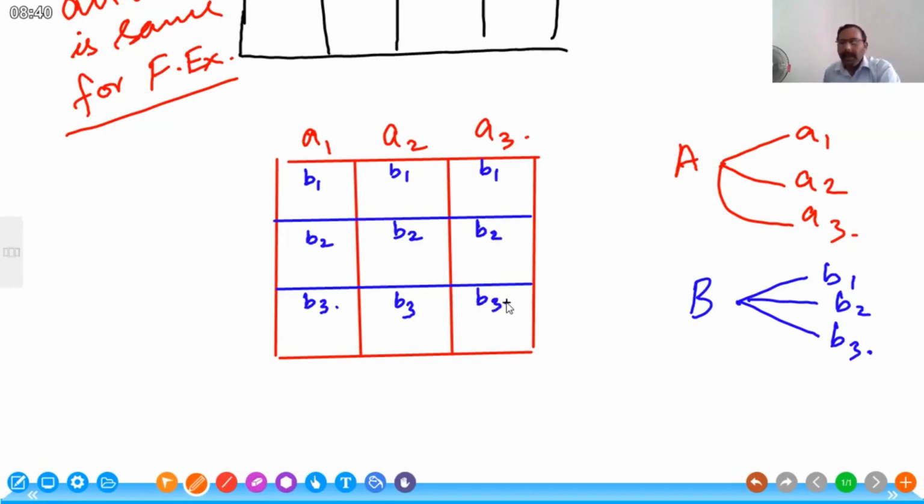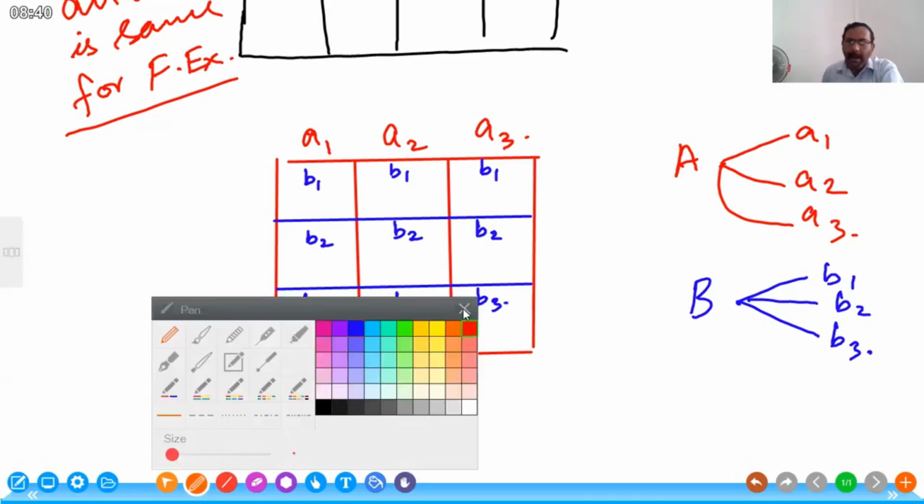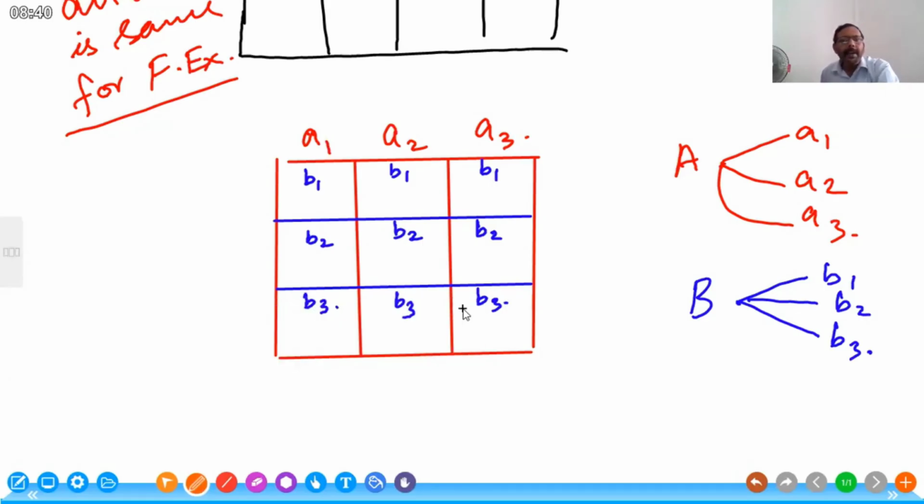Now tell me, what is A1? How big is the A1 plot? Plot of the A1 is this. The whole area is A1.